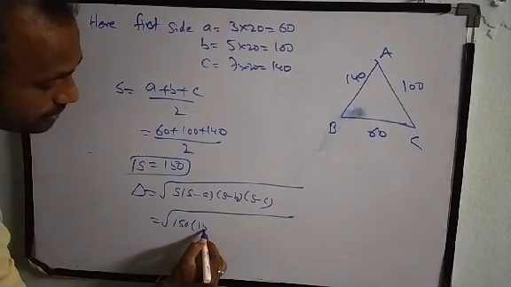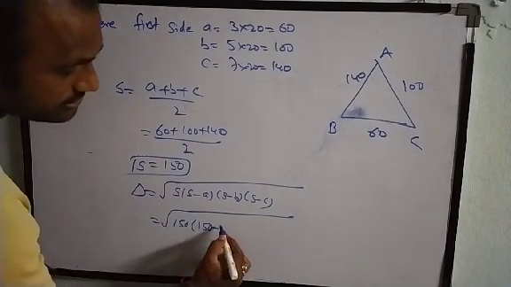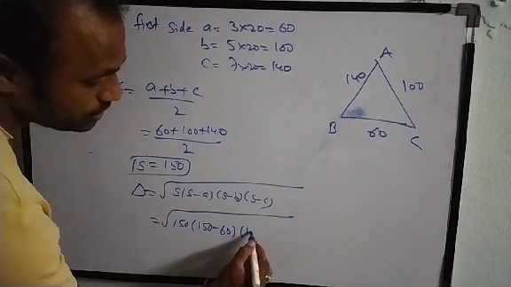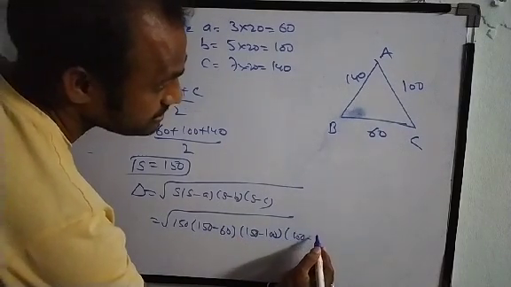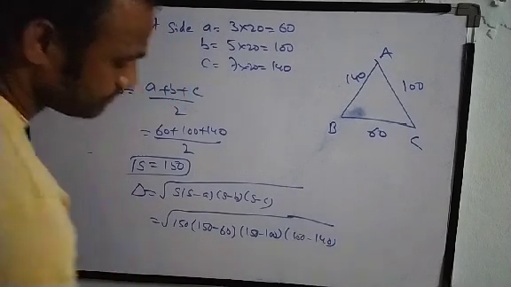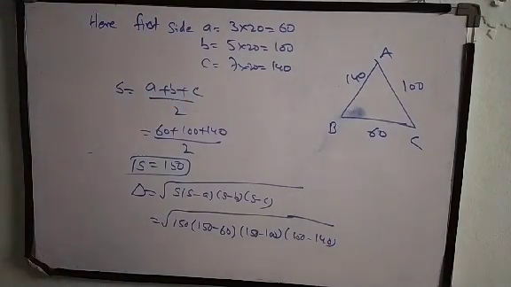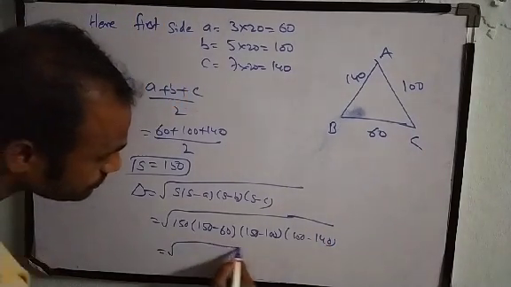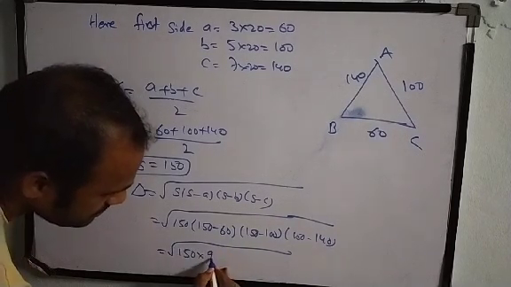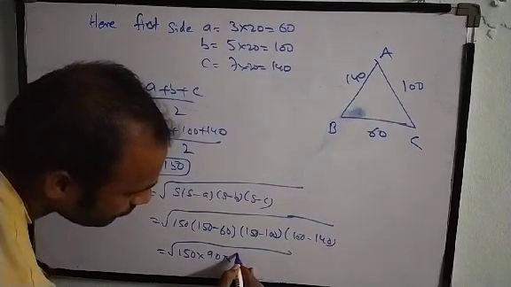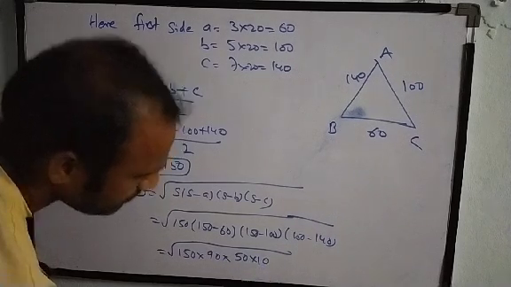So 150 into 150 minus 60 into 150 minus 100 into 150 minus 140. So root of 150 into 90 into 50 into 10.